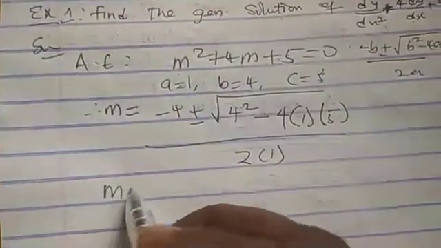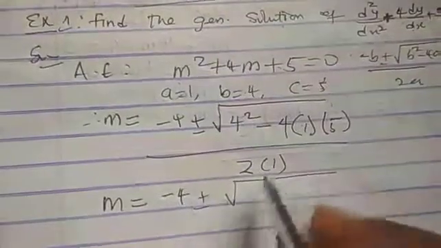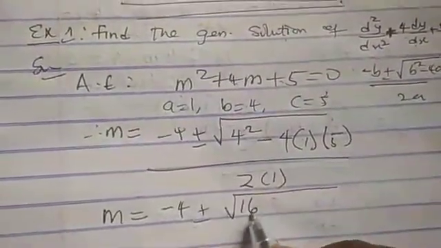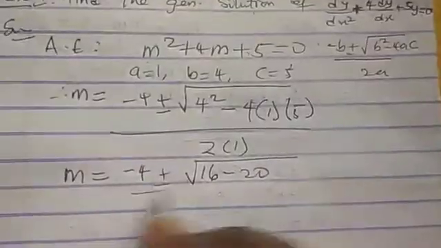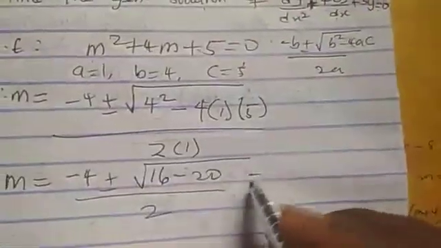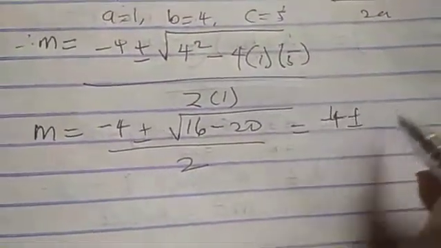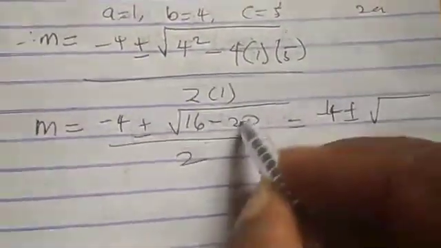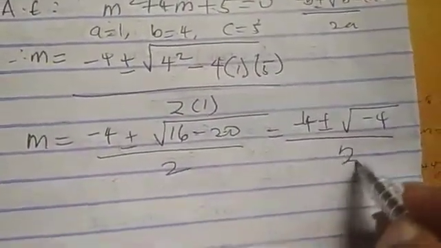This is m equal to minus 4 plus or minus root of 4 squared is 16 minus 20, over 2. This will give me minus 4 plus or minus root of 16 minus 20, that is minus 4, divided by 2.